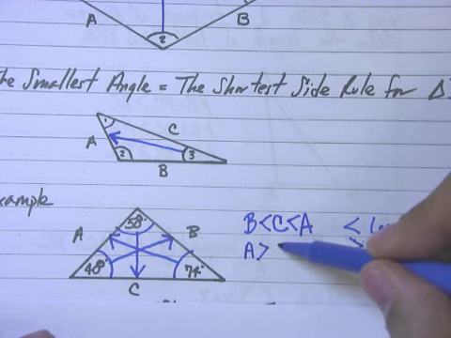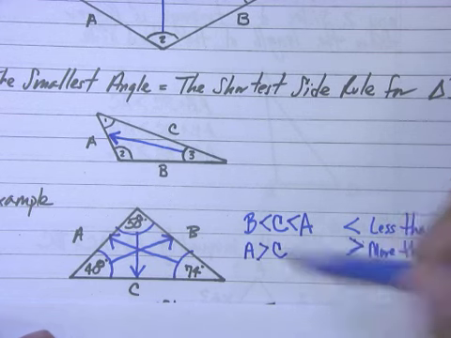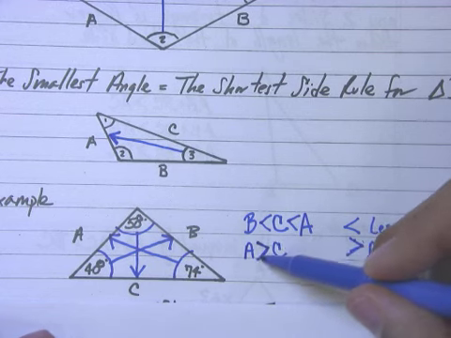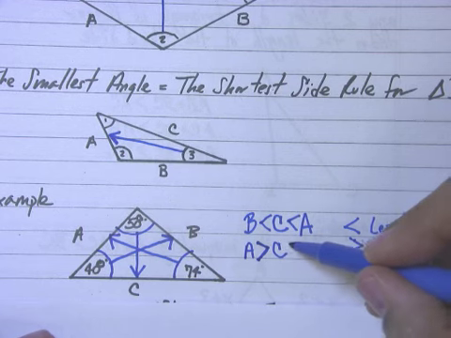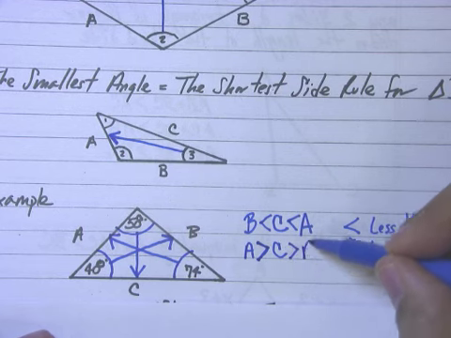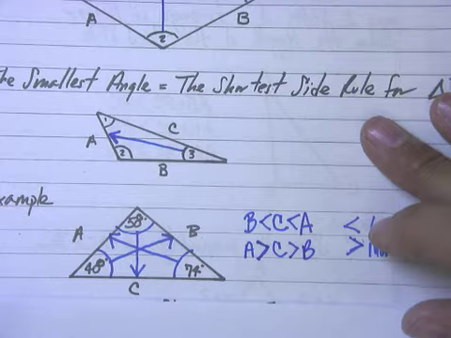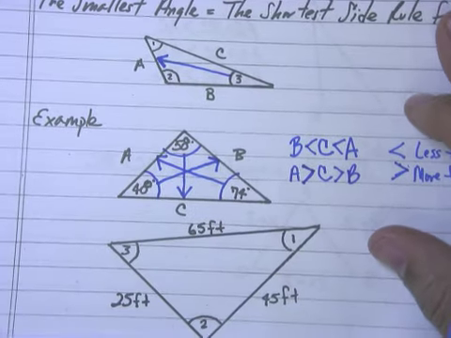Or they could also say that side A is greater than side C, and side C is greater than side B.